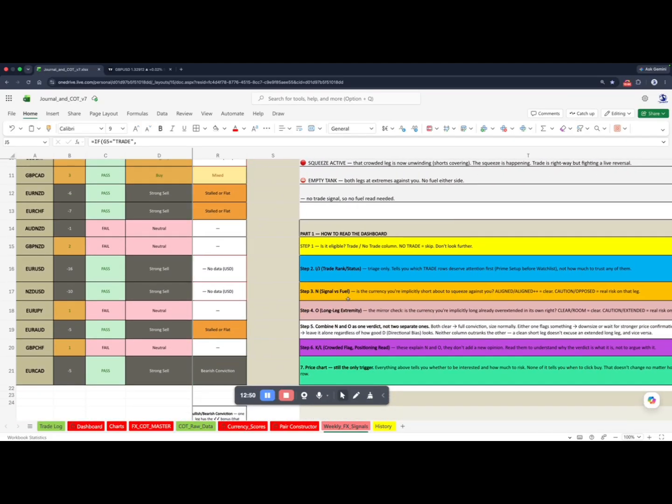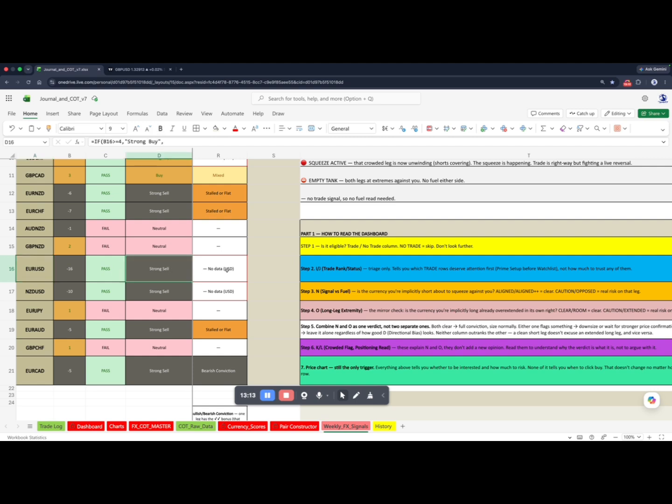Easy. Step 3, signal versus fuel. Is the currency you're implicitly short about to squeeze against you? So if you're longing Euro US, you want to know, no, sorry, we're shorting Euro US, aren't we? Yeah, strong sell.